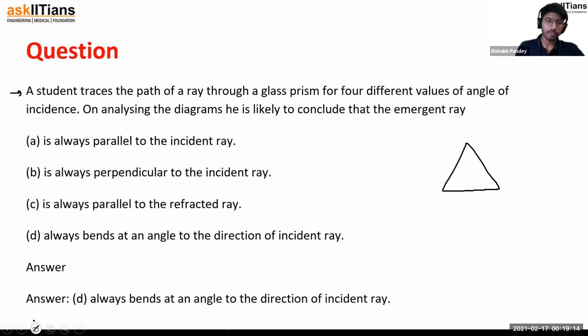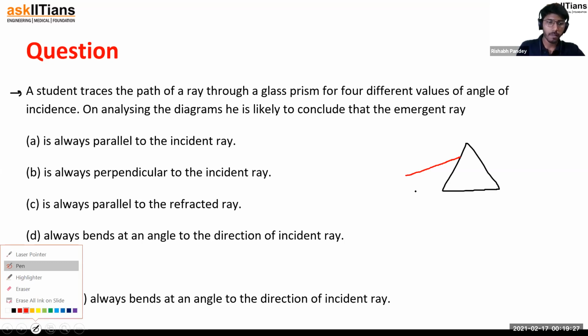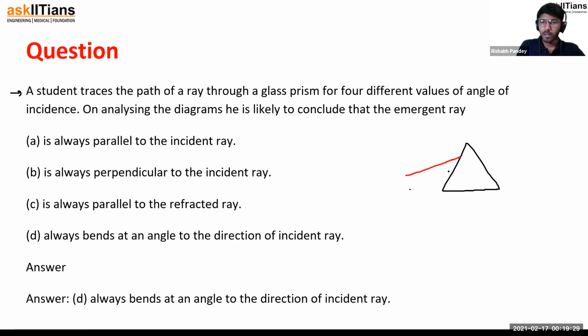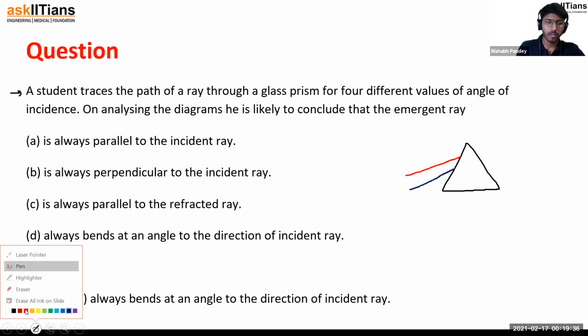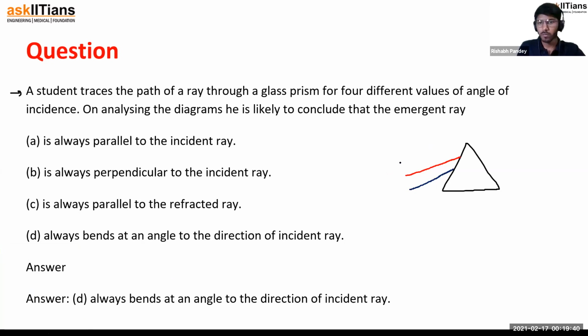Say this is the first angle of incidence, first ray of light, then followed by the second angle of incidence, then this is a space issue, but still I will somehow try to manage. So this is the third angle of incidence.